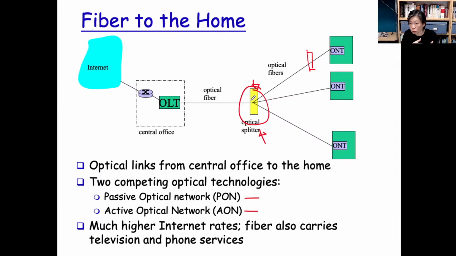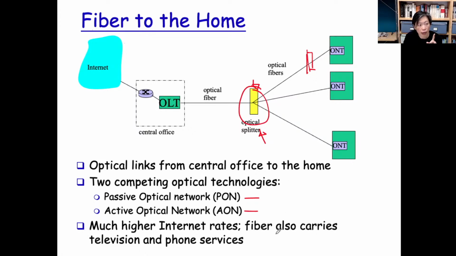You just have mirrors so that you can reflect signals in the right direction to the destination. There's no signal amplification. But if you use an active optic network splitter, these signals get split and amplified before they get passed on further. That is very necessary in case there are multiple levels of splitters along the way. As a signal travels a longer distance, even though it's an optic signal, it still decays.